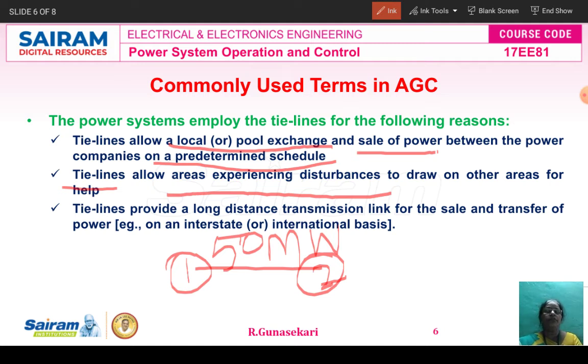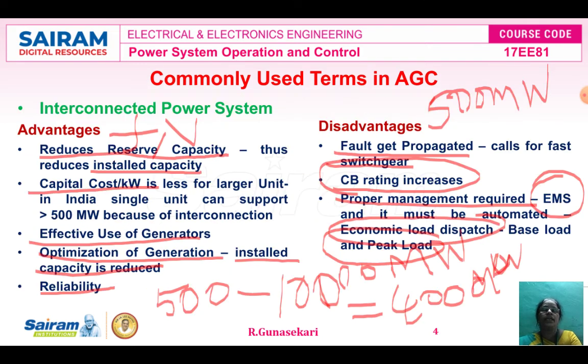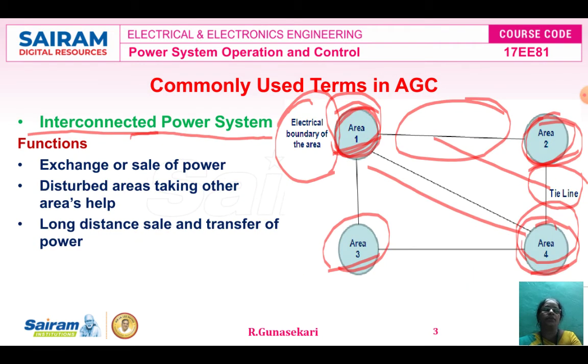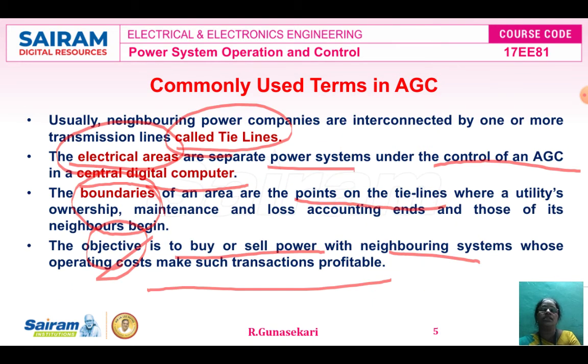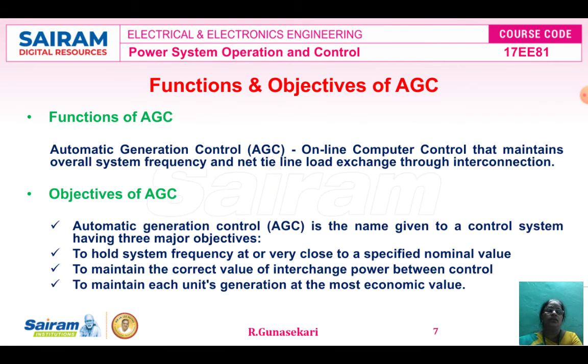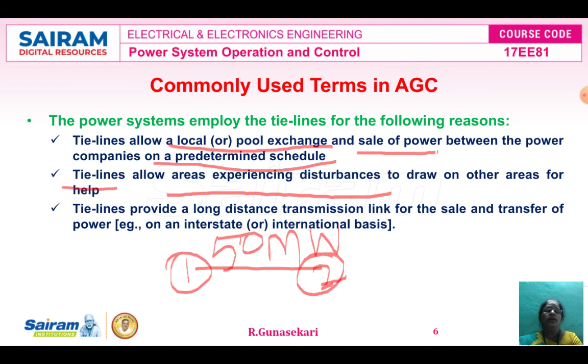If we look at the interconnected power system circuit diagram, the 4 power systems are connected. Suppose any one of these 4 areas is disturbed, then the remaining areas will help. This is the importance of tie lines used in the automatic generation control.